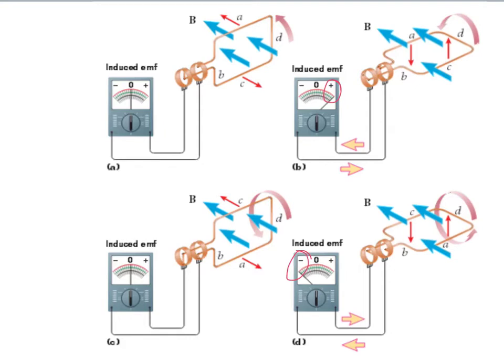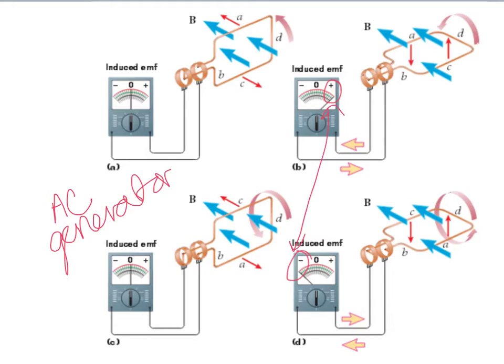Because we get this alternating between positive and negative in our induced current, this is an AC generator. So this generates AC current, and it's because of this shift from positive to negative.